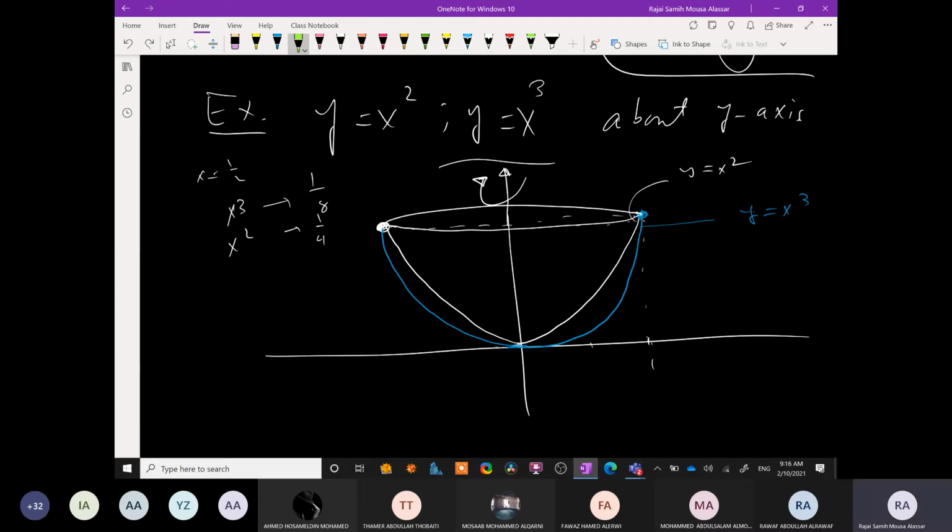Okay, so what are we going to do? We're going to take a sample perpendicular to what? To the axis of rotation, and we will rotate that. Is that okay, Shalom? So if you rotate that, what happens? You get this.